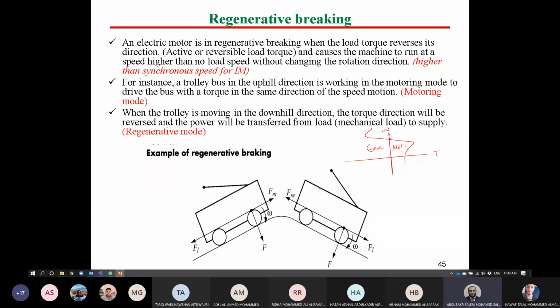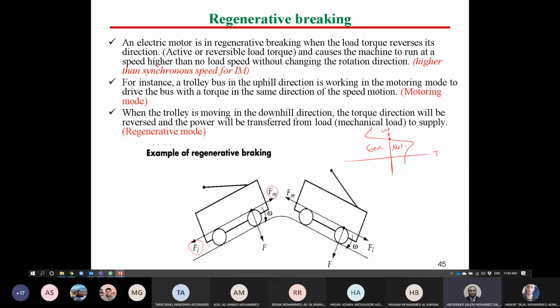So this is the direction of electrical force. The load direction of the bus will be reflected on the way in that direction. So this represents the load. This is load force and this is motor force. This is in the direction of moving uphill like that.